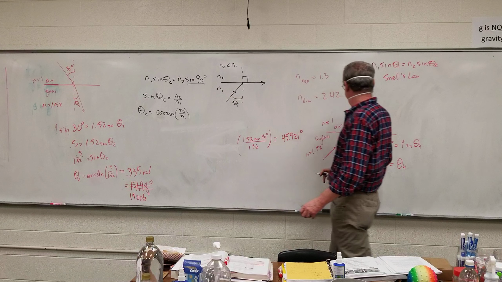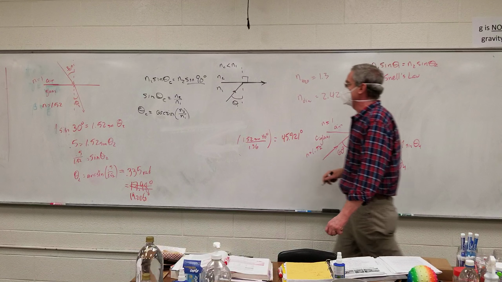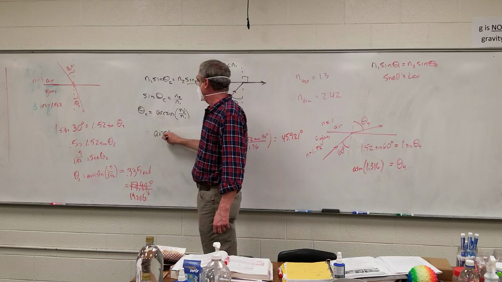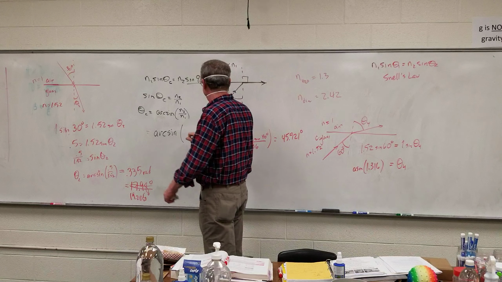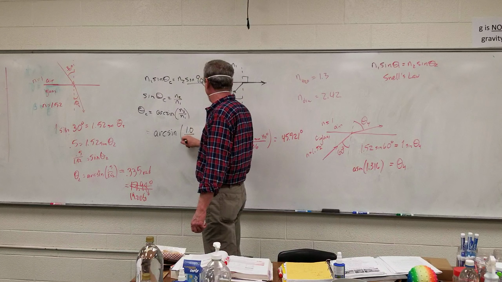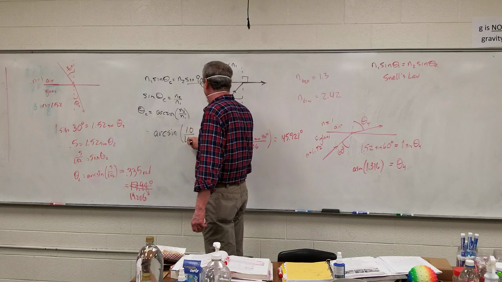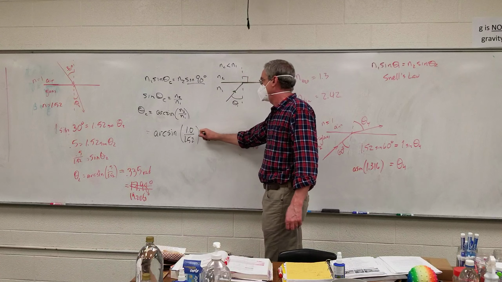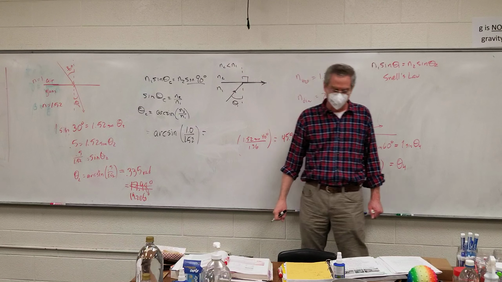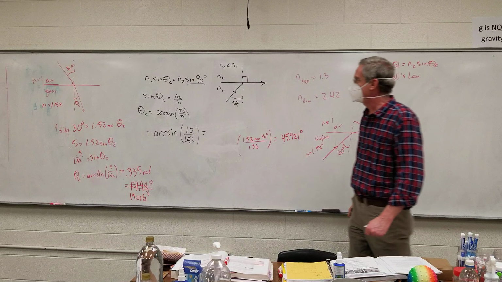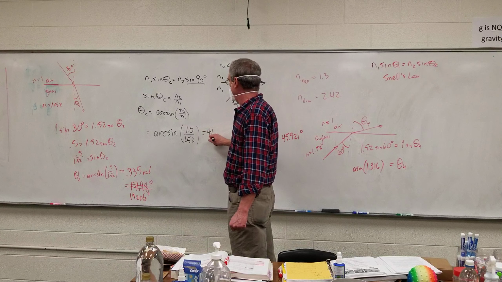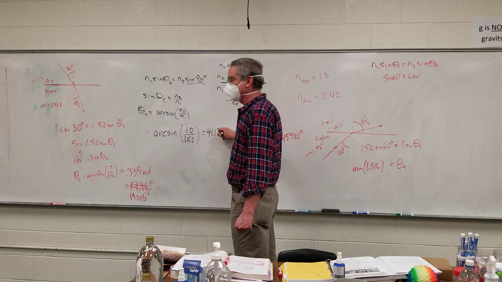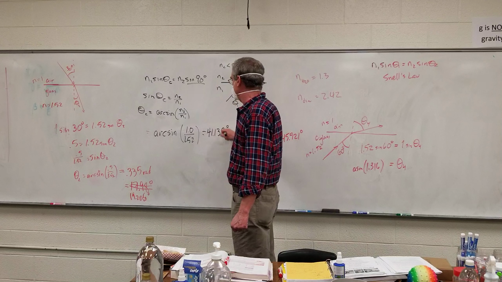So in the case of crown glass and air, that critical angle happens at the arc sine of 1.0 over 1.52. We got 41.139, sorry, 40.139 degrees, presumably.